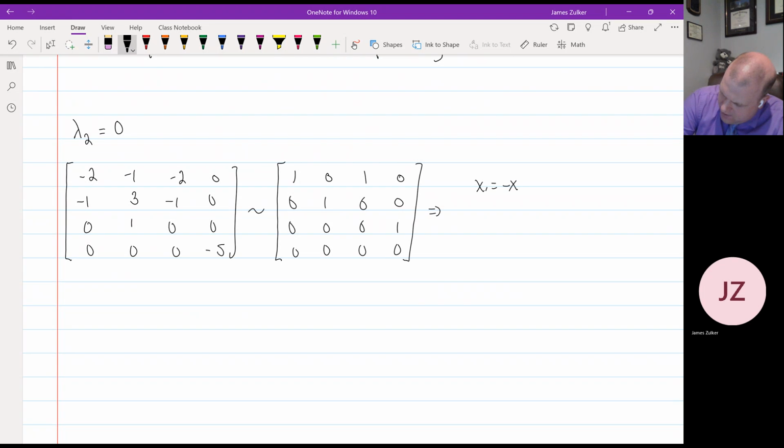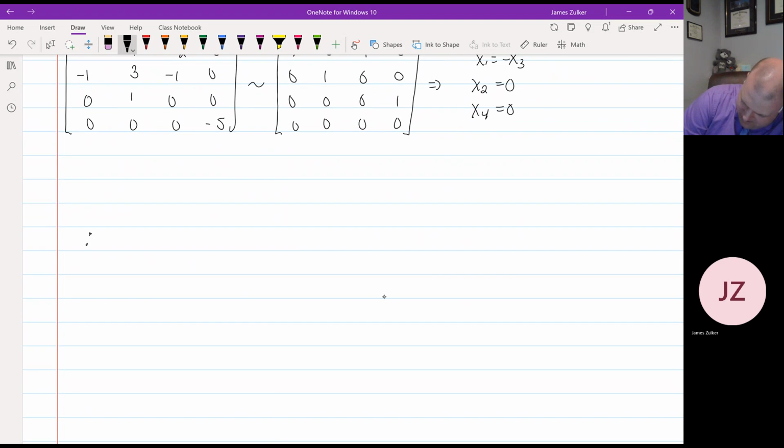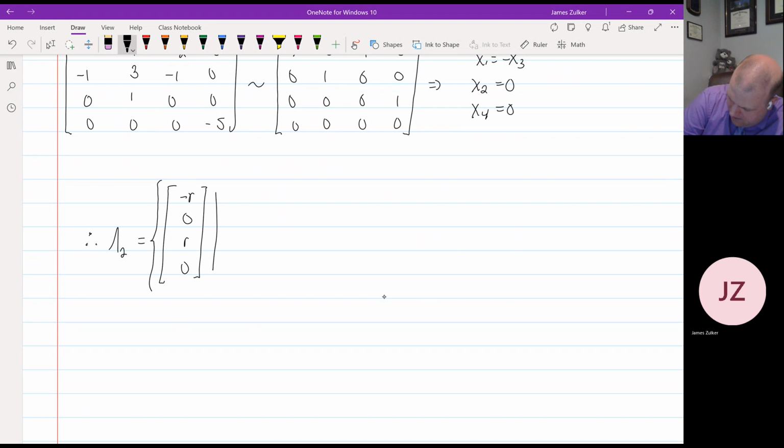Meaning x1 is -x3, x2 is 0, and so is x4. So the eigenspace is the set of vectors of the form -r, 0, r, 0. And we take as our basis the set of the vector -1, 0, 1, 0.